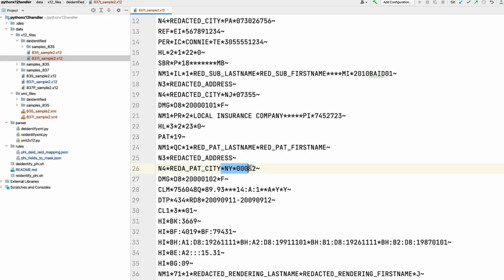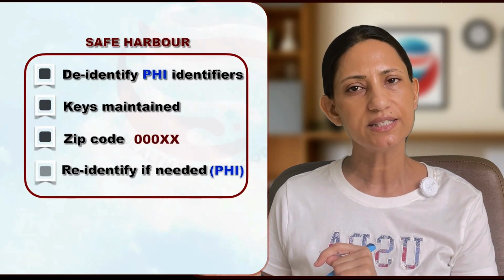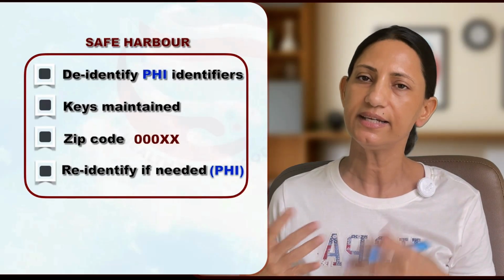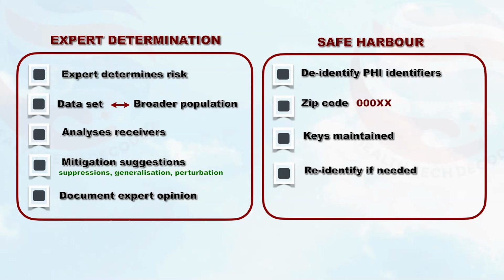Else we only use 000 as the first 3 digits of the zip code. Then data can be re-identified using the keys if required, and the re-identified data is considered PHI. So these are the two methods we just saw, and they should be used when it comes to de-identification of PHI. You should follow any one method if you need to be HIPAA safe.